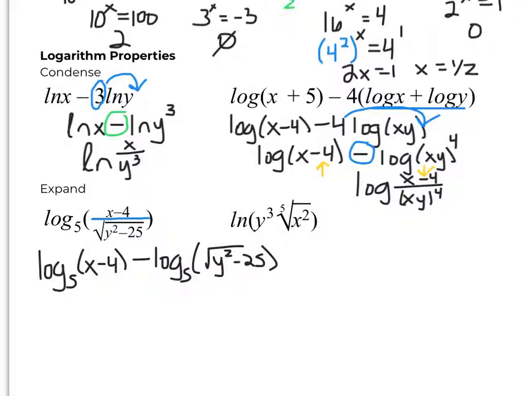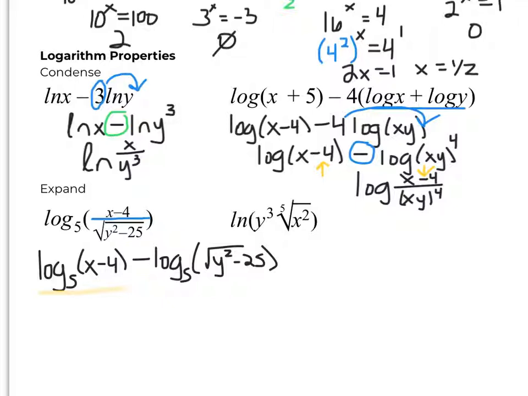So this first thing with log base 5 of x minus 4 is actually done. I can't do anything else with it on the inside, because on the inside I don't have any exponents or multiplication between my things on the inside.